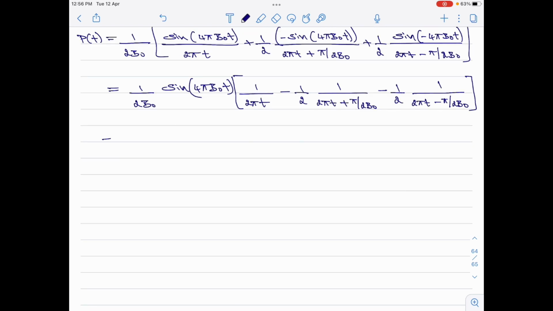Let me now further simplify this. So, this would be 1 divided by 2 pi t minus of, I'll simplify this part and I'll take the 2 b naught to the numerator.